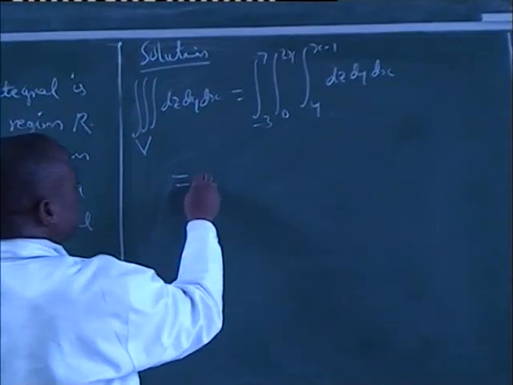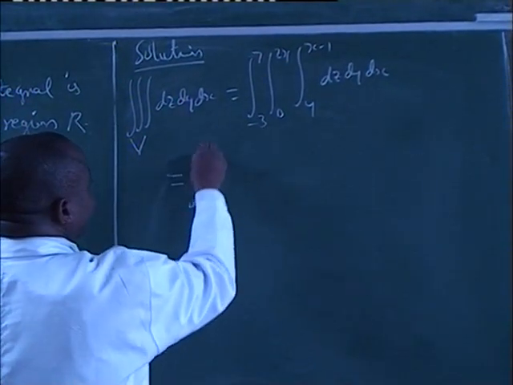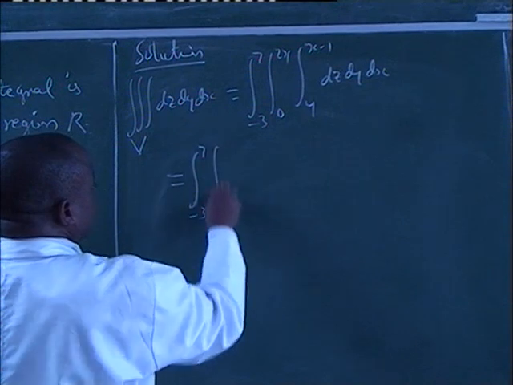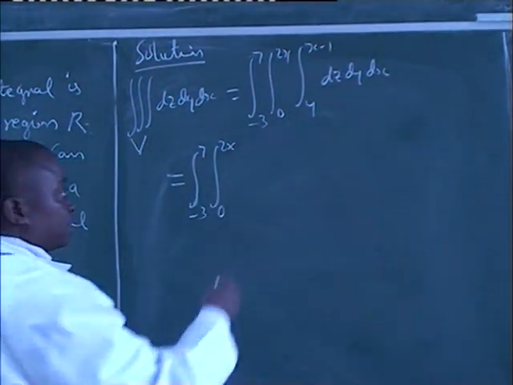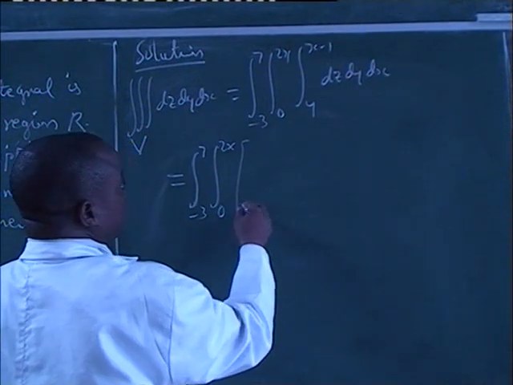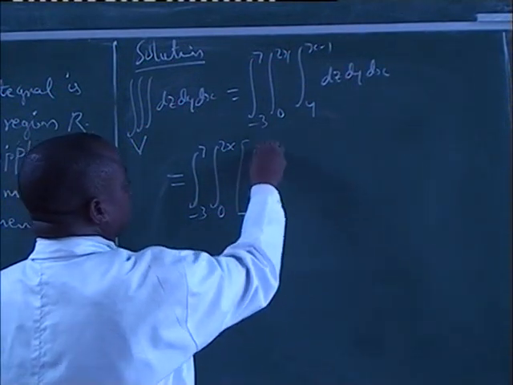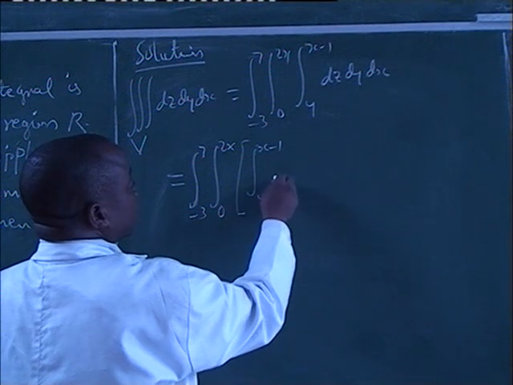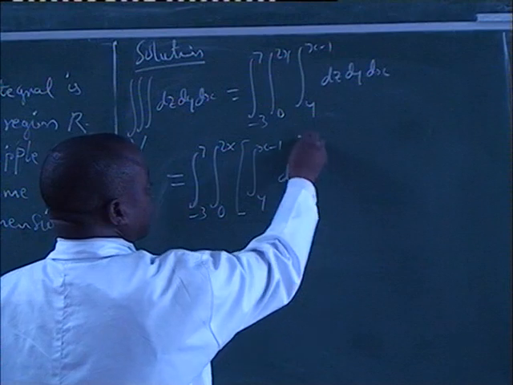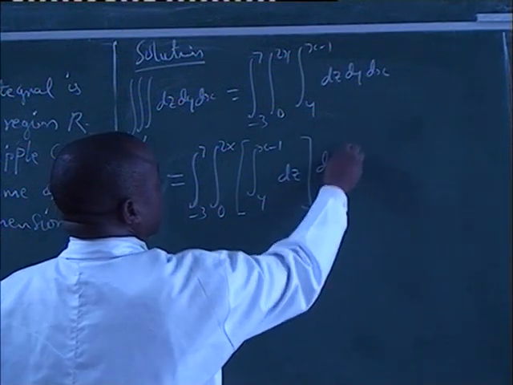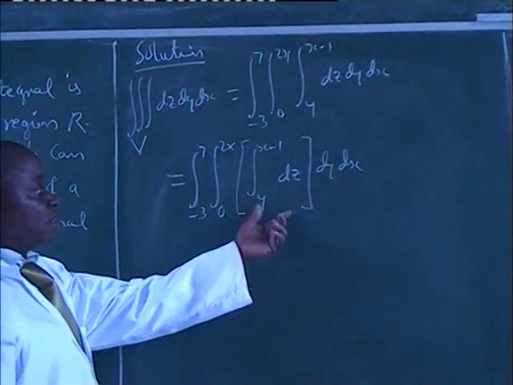And so this will be the same as the integral from 7 to minus 3, 2x, so we are just taking them one after the other. That is the difference for the triple integral. Then we have x minus 1 to y. If we integrate that with respect to z, that is the first integration there. We leave the dy dx out first and deal with this.